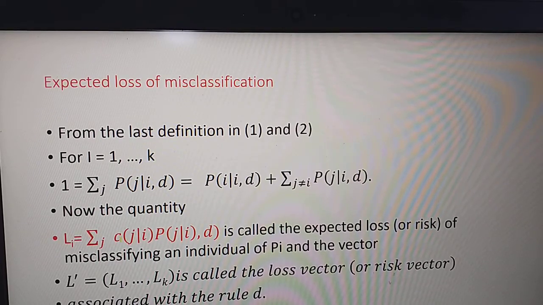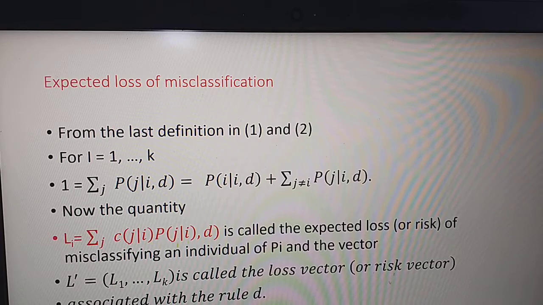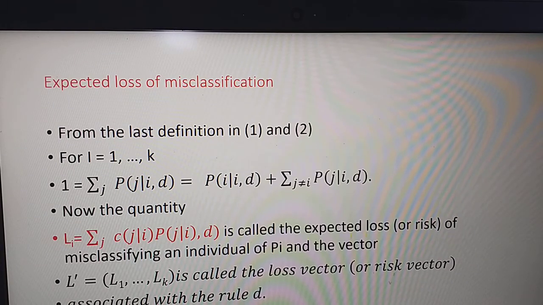Now the quantity Li is equal to the summation over j of Cji into Pji, so sum over all j's. Cji is the cost of misclassification, Pji is the probability of misclassification. This is called the expected loss or risk of misclassifying an individual of population Pi.